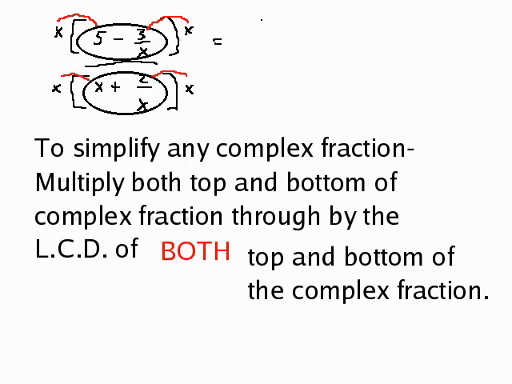And in the bottom, we're going to have some similar action happening. Watch what happens here. We're going to get in the numerator 5x minus 3, and in the denominator, x squared plus 2. So we have taken all of those fractions over fractions and simplified them into a single fraction. And that's what we're going to do for the next 4 or 5 examples in section 6.3.